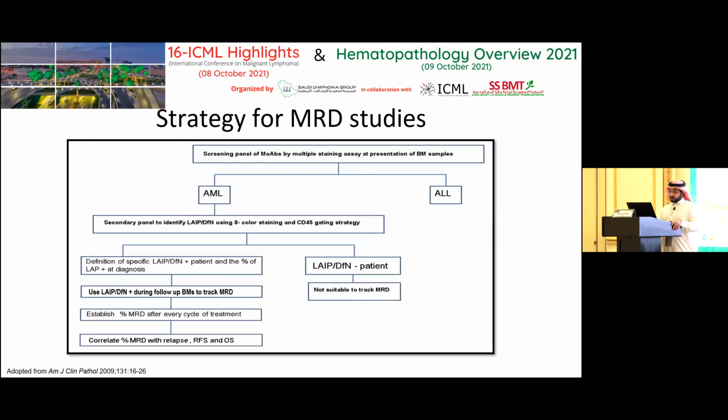And then you establish the MRD after every cycle of treatment, and correlate the percentage of MRD with relapse-free survival and overall survival.